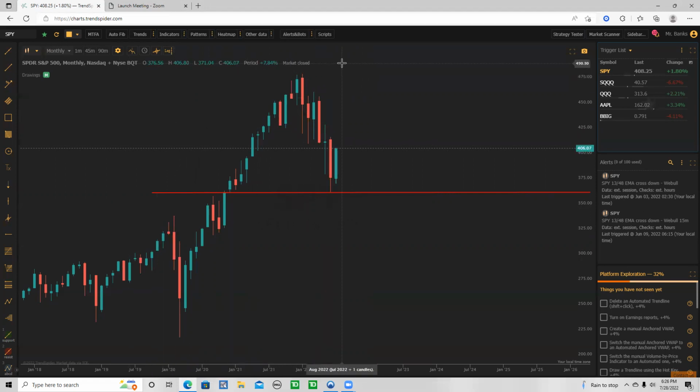So now that we got that, let's go down to the weekly, or we could take a look right here as another example. This is a little bit different example because we bounced off. Well, I guess we bounced off here as well, but take a look at this.